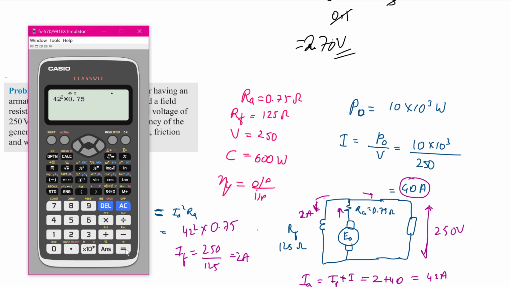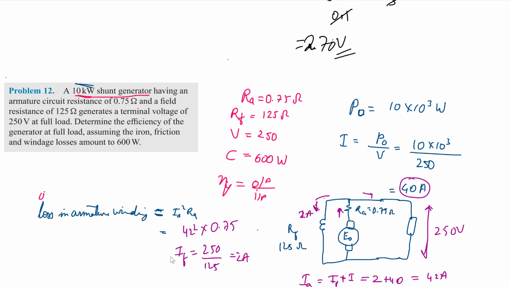This is equal to 1323 watt. So loss in armature winding is 1323 watt.